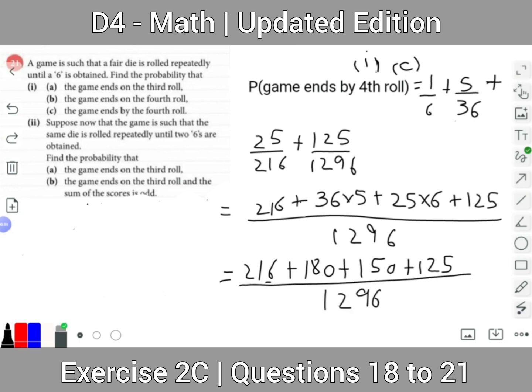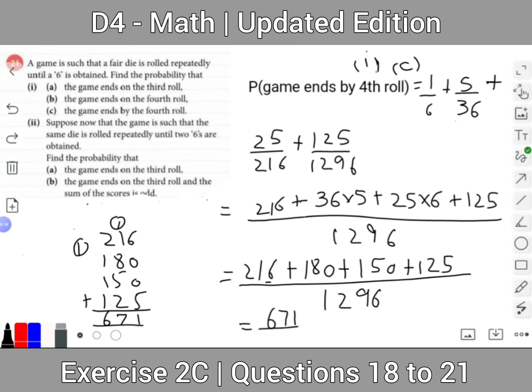Now we will add up these four numbers: 216, 180, 150 and 125. So here we have 671 divided by 1296. So the probability that the game ends by the fourth roll is equal to 671 over 1296.